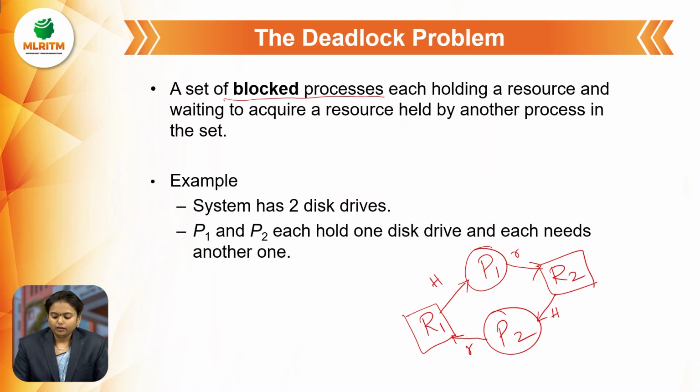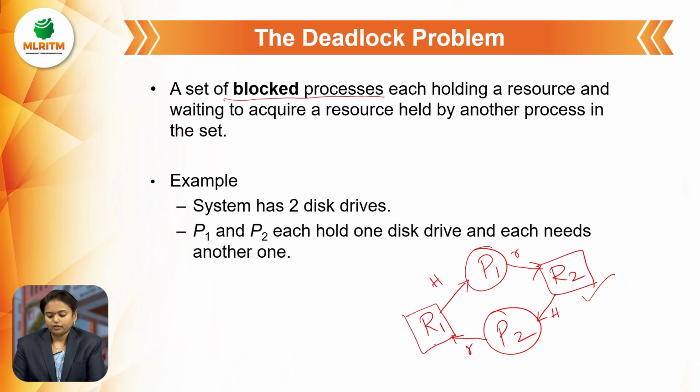So until R2 is received, it will wait for R2. At the same time, process P2 is holding R2 and requesting R1.